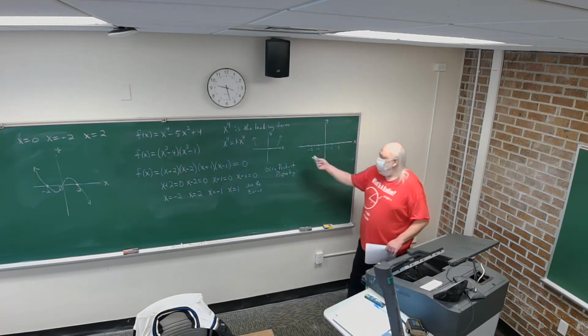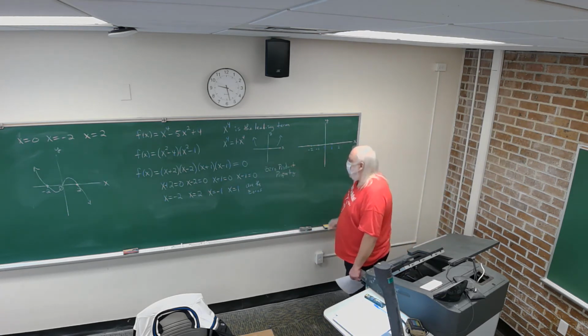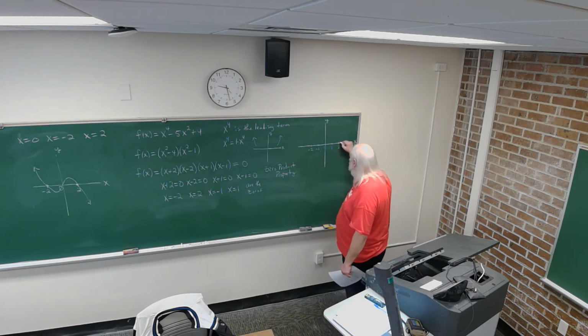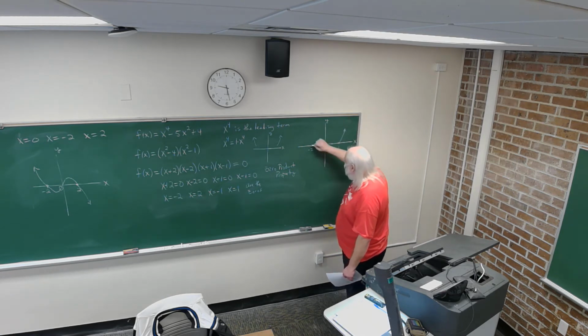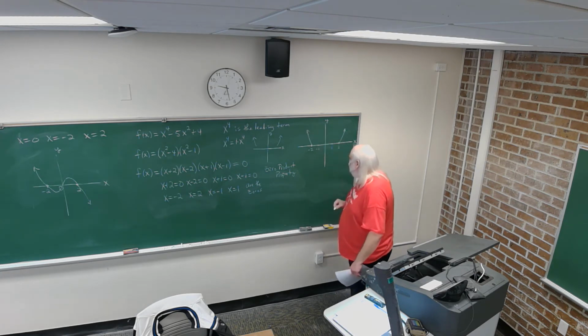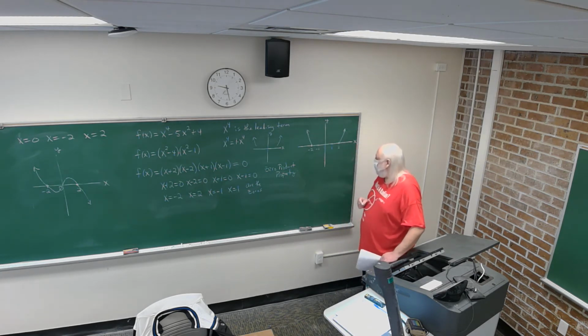Now we know on the right end and the left end, the graph goes up. So at x equals 2, the graph crosses at x equals 2 and goes up forever. And at x equals minus 2, the graph crosses the x-axis and goes up forever.